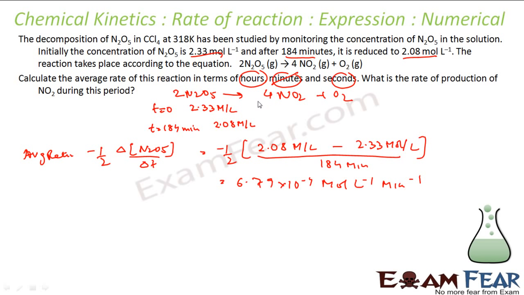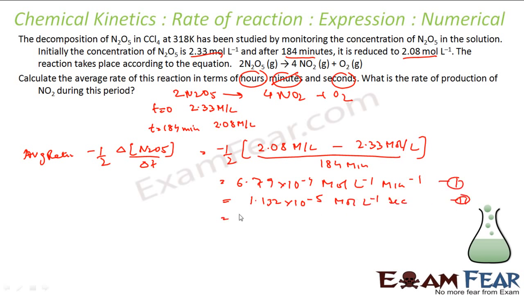Correct? You want to find in hours or in seconds, divide this whole thing by 60, because in this minute, you say this minute into 60, that becomes seconds, right? So divide this whole thing by 60, you get something like 1.132 into 10 to the power minus 5 moles per liter per second. Equation 1, this is 2.